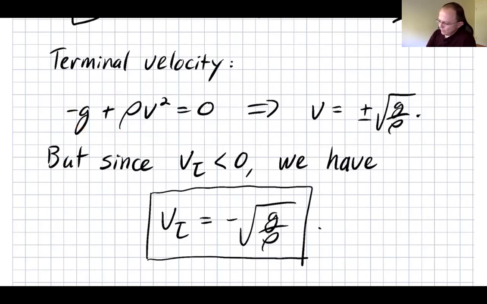Solving that for v, we get this. Now there's two different options, but since the terminal velocity should be negative because we're going down, the terminal velocity is the negative square root of g divided by this drag coefficient.